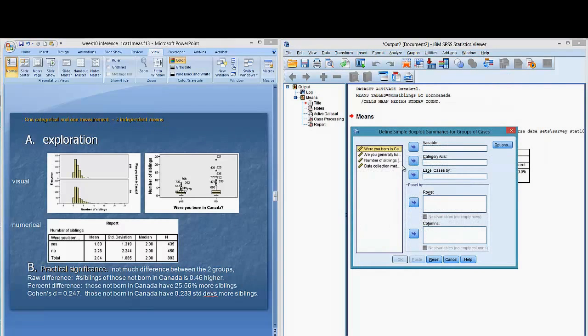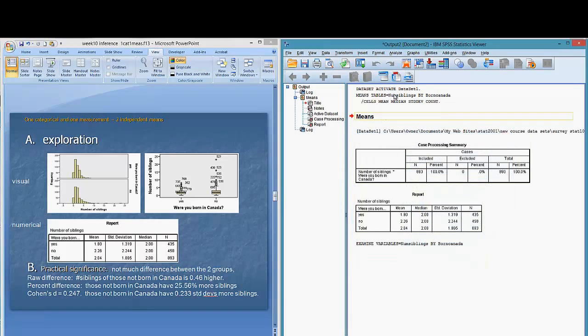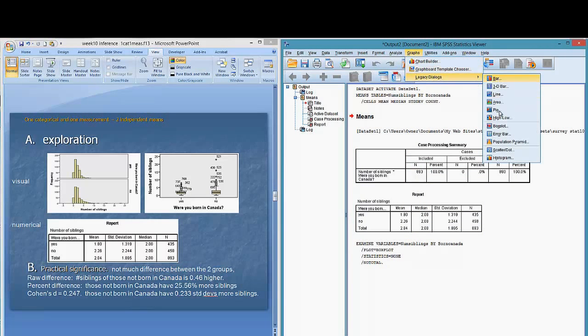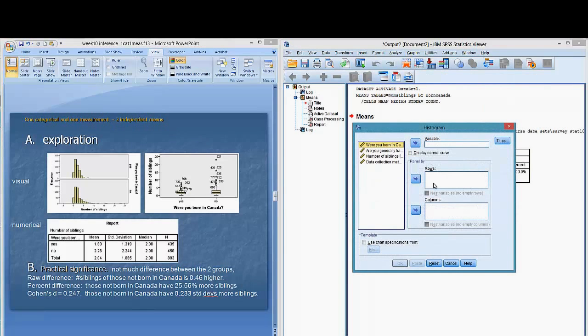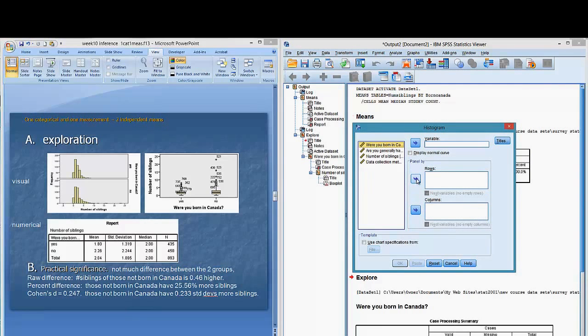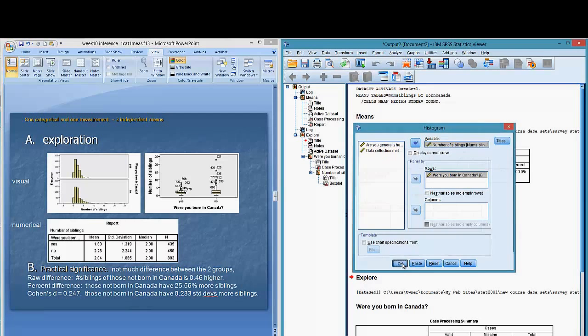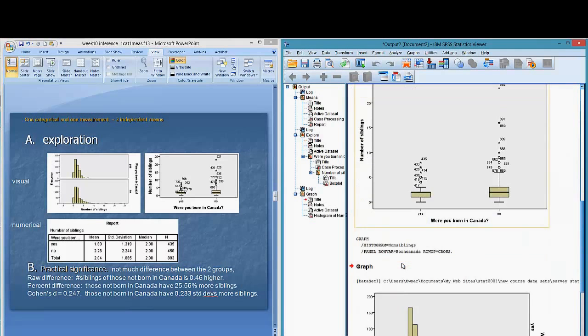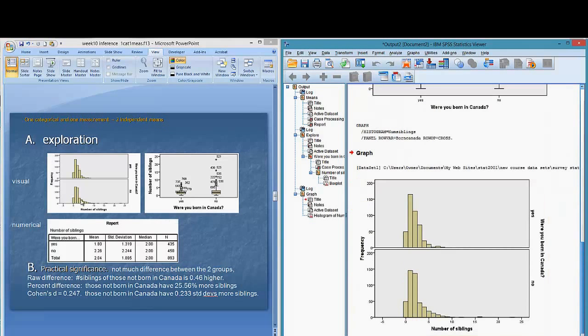Again, were you born in Canada goes in the category axis, and number of siblings is the variable we're interested in comparing. Finally, we do a paneled histogram, with were you born in Canada by rows, and number of siblings as the variable we're interested in. This is the same output we have here.